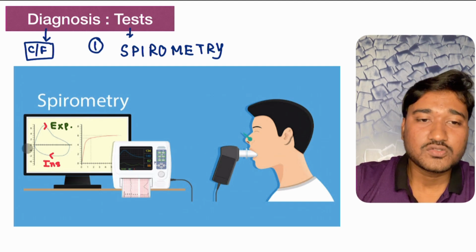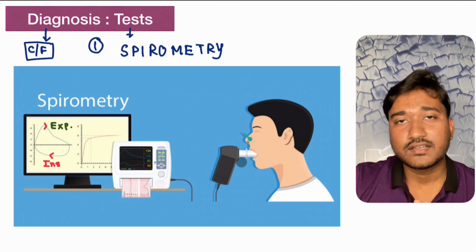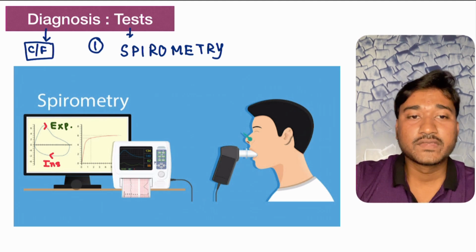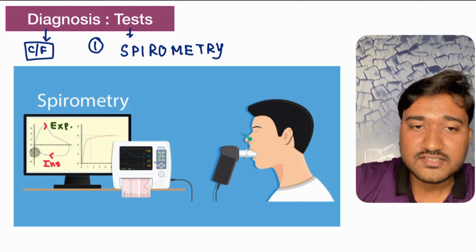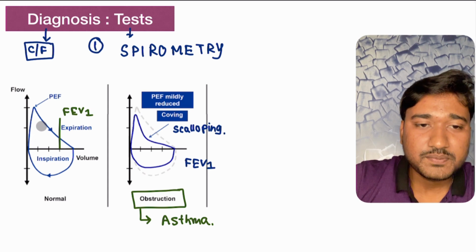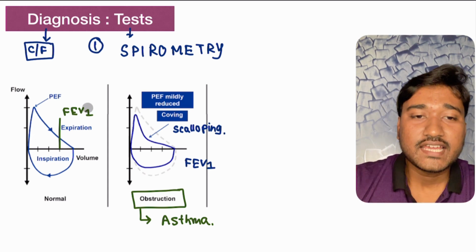Through the mouthpiece the child is supposed to expire the air forcefully. So this is the expiration curve, and this is the inspiration curve that you can see.